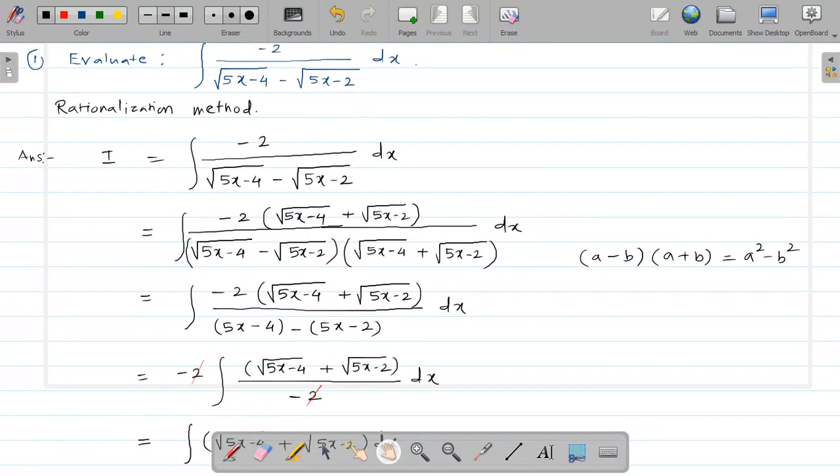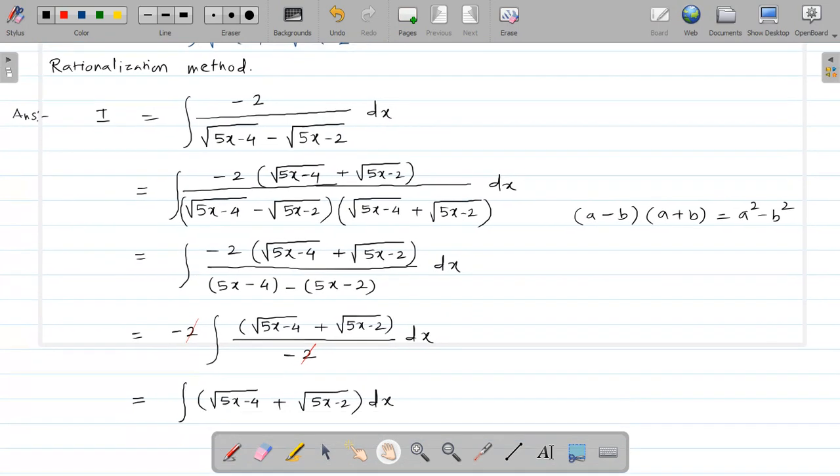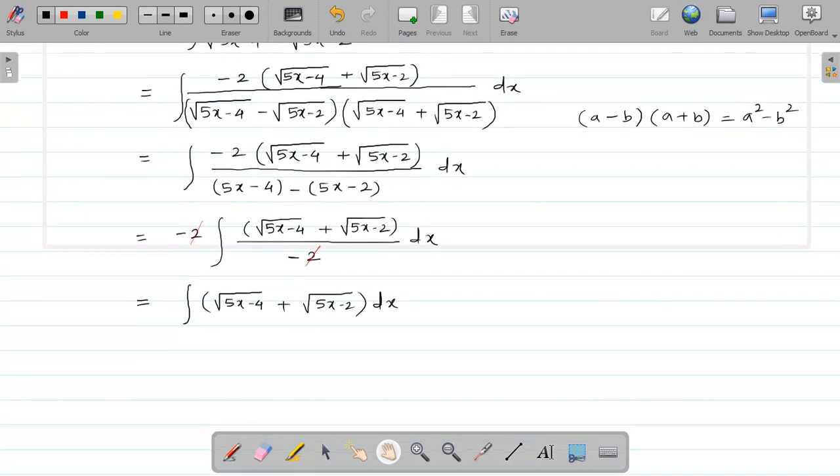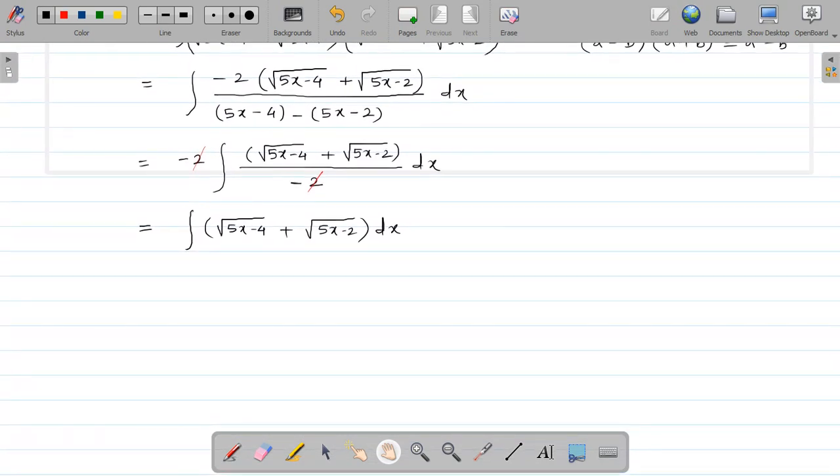Here the denominator is irrational, and if we rationalize by this process, then you get the simplification like this. Now it is very easy to integrate. So by taking the separate integration of every term, we get the next step as integration of root of 5x minus 4 dx plus integration of root of 5x minus 2 dx.